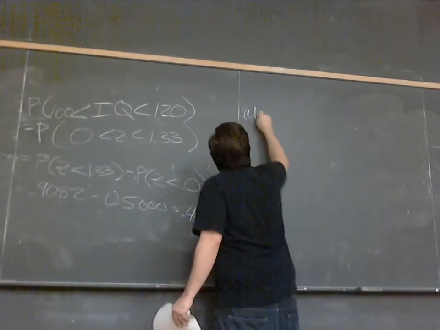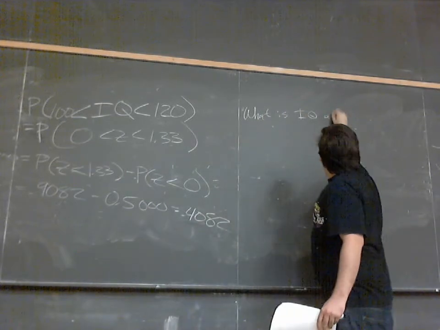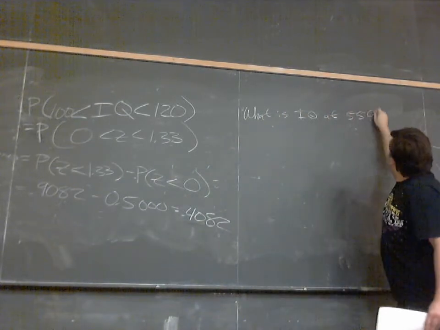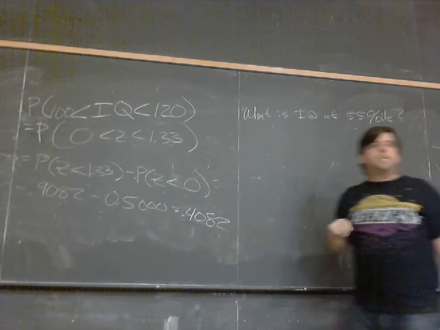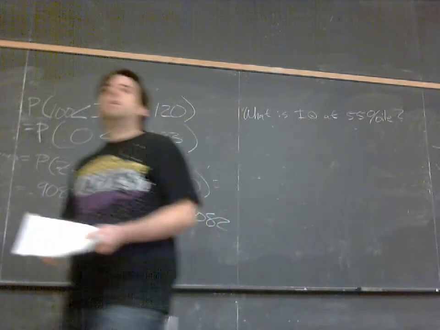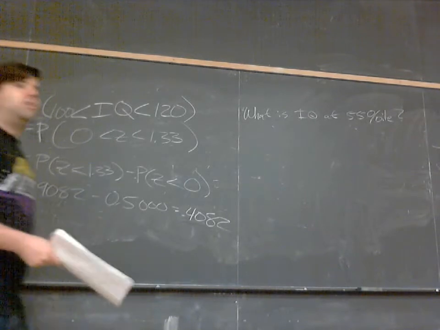So what is the IQ at the 55th percentile? Are we still in chapter 6? Yes. So I tell you someone at the 55th percentile, meaning they're smarter than 55% of people. What is that IQ?